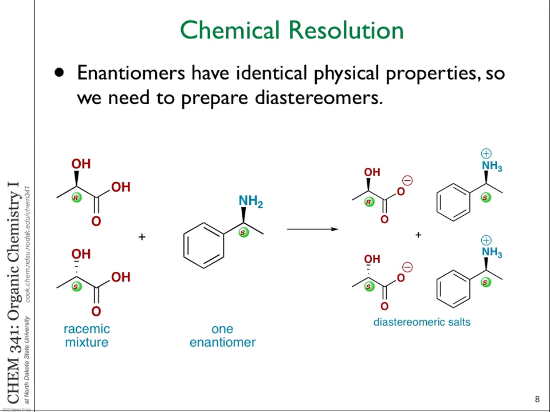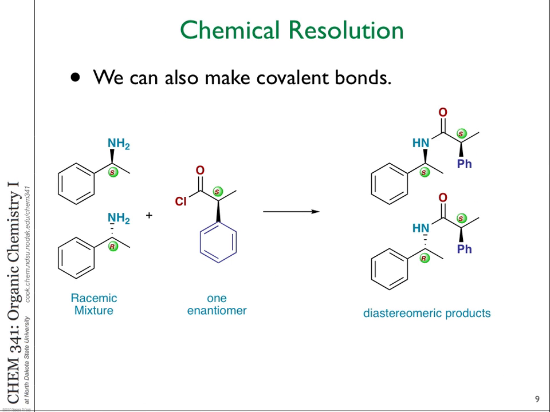Okay. Another way to do this is not through ionic bonds, but through covalent bonds. So again, if you have a racemic mixture of something and you react that with something else which has a chiral center, but it's enantiomerically pure or optically pure, then you can form diastereomeric compounds which are covalently bound. And that's the case here.